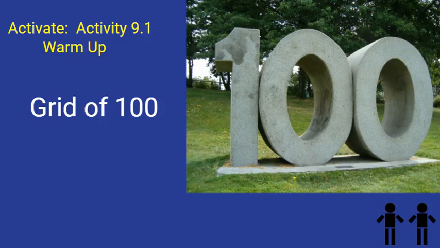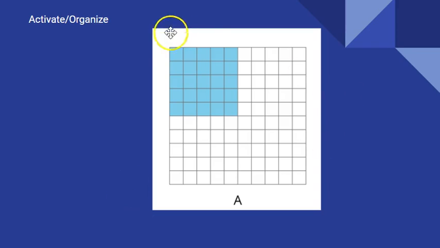All right, let's warm your brains up just a shade here. Let's look at a grid of 100 and think about the shaded parts. So we have an entire area of a 100. What's the shaded area?